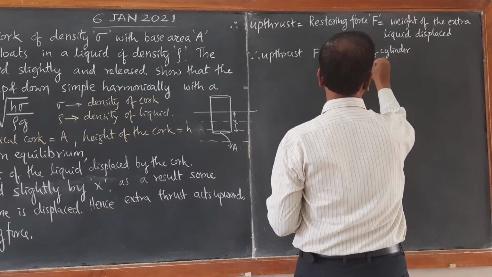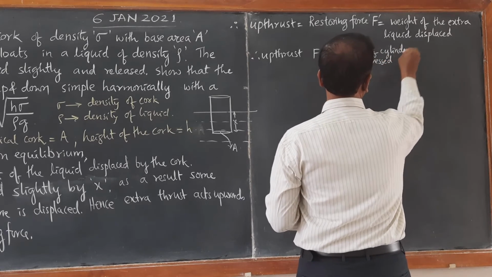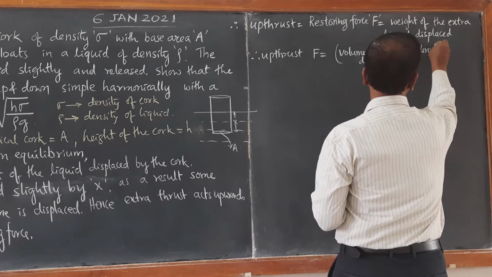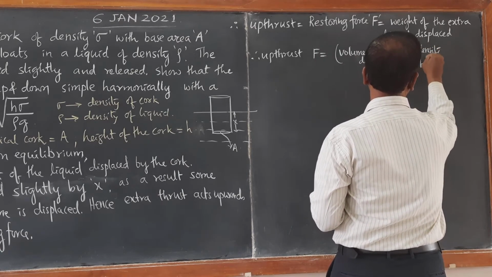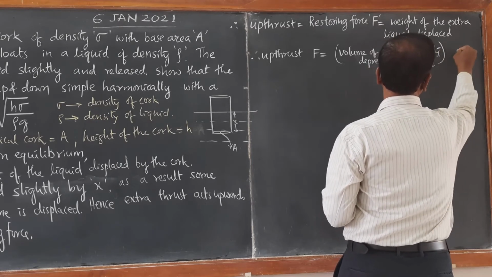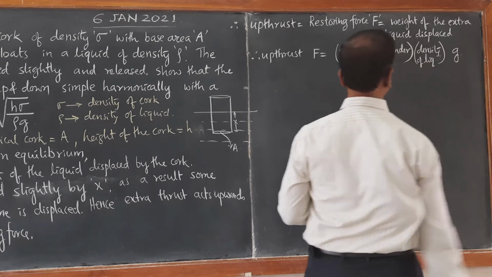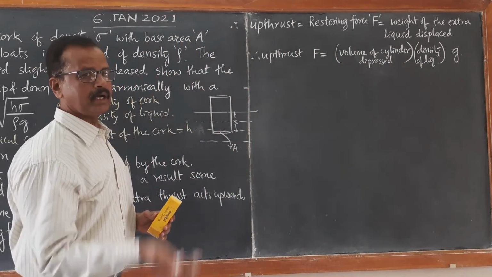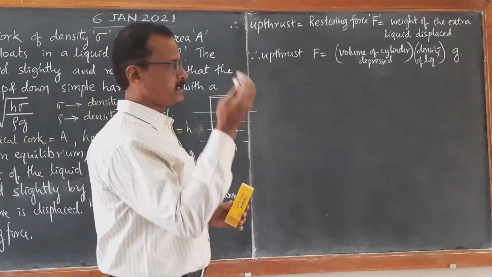With the help of this volume, we can calculate the weight of the extra liquid displaced. Therefore, upthrust or restoring force F is equal to the volume of the liquid displaced, that is the volume of the cylinder depressed, into the density of liquid into acceleration due to gravity. That gives you the upthrust, which is in the upward direction.